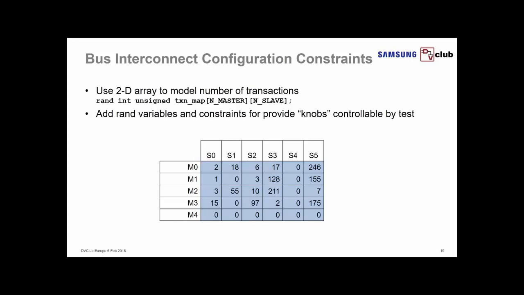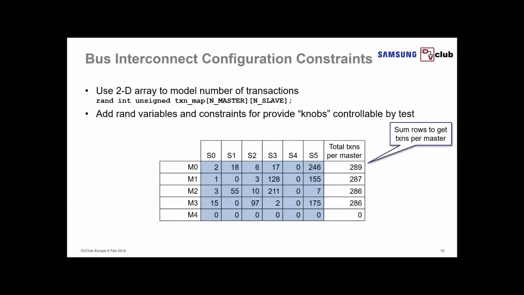So what we can do now, with this basic model, is add additional random variables and constraints to give us some control knobs that the test writer can manipulate in order to steer the stimulus in the direction they want to go. The first thing we can do is, to get the number of transactions per master, sum up the rows of the array.